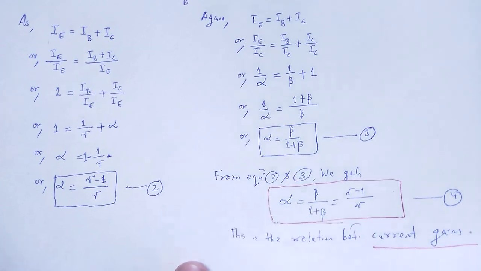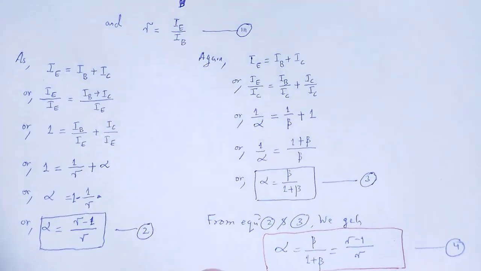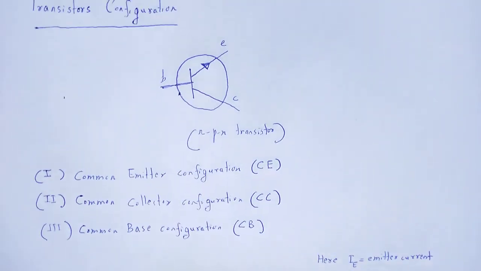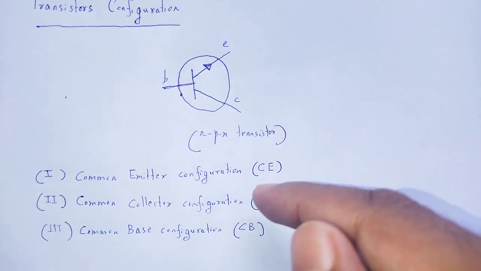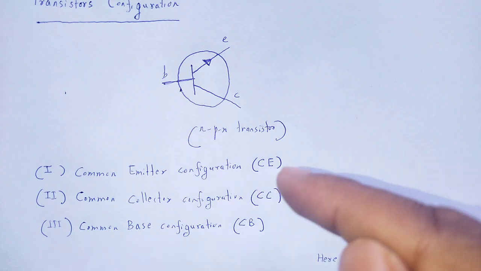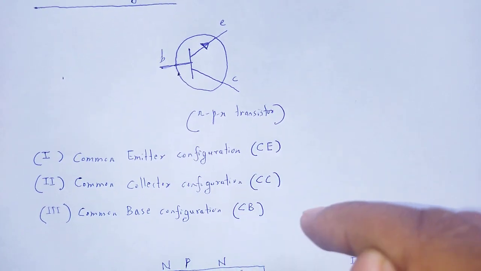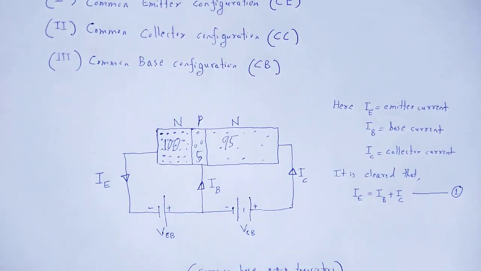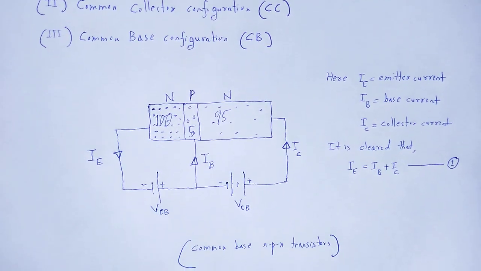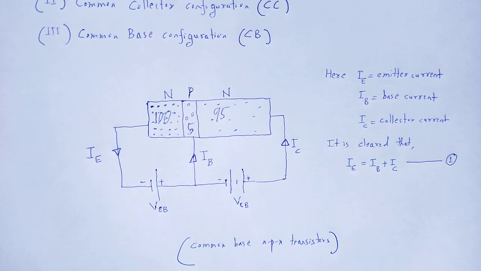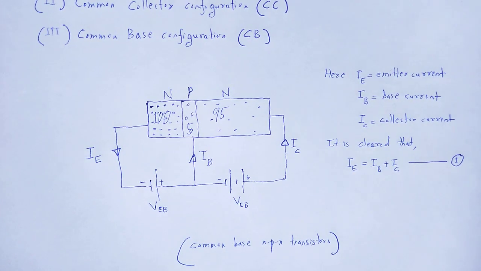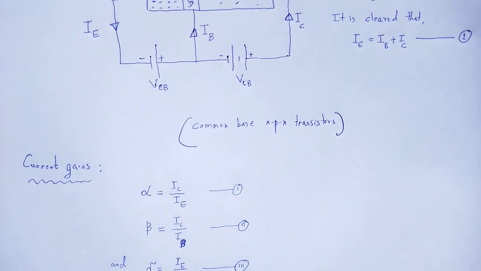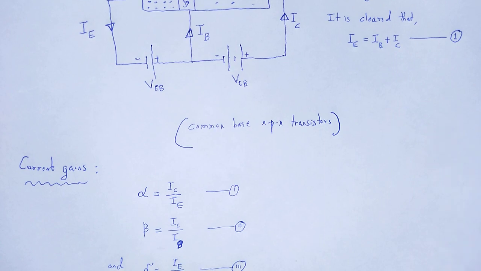With the help of this video lecture, we understood the concept of transistor configurations as common emitter, common collector and common base. We saw how we can understand emitter current, base current and collector current in terms of a technical term, that is current gains, alpha, beta and gamma.